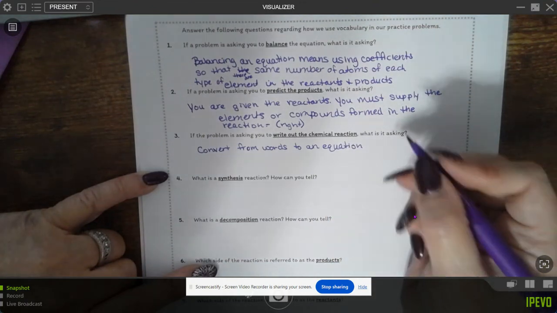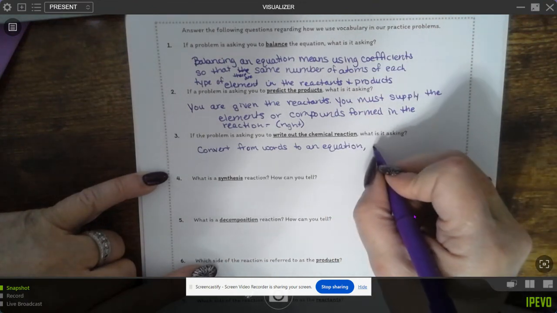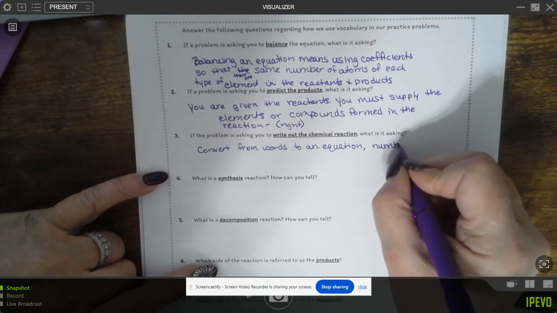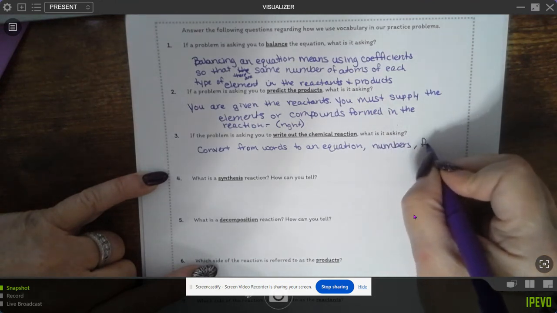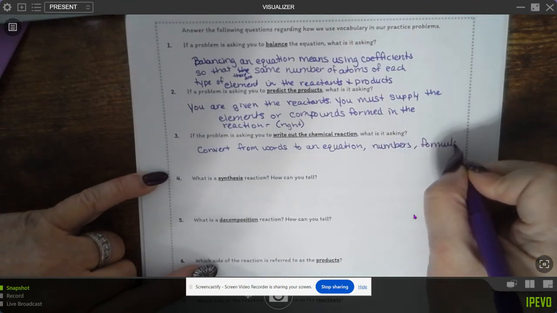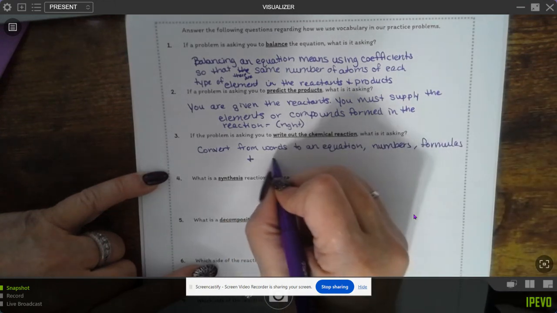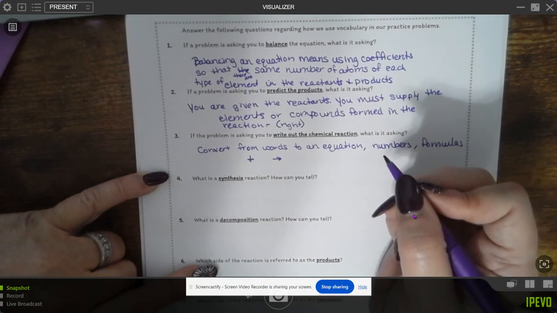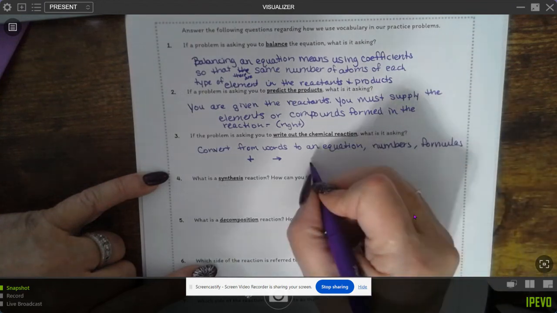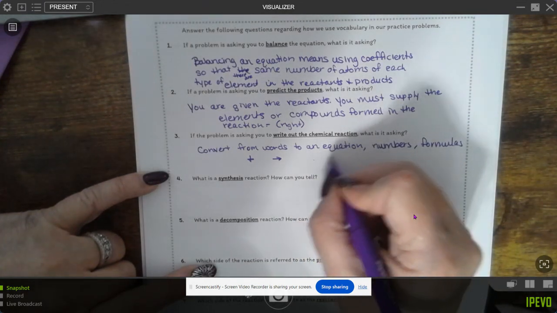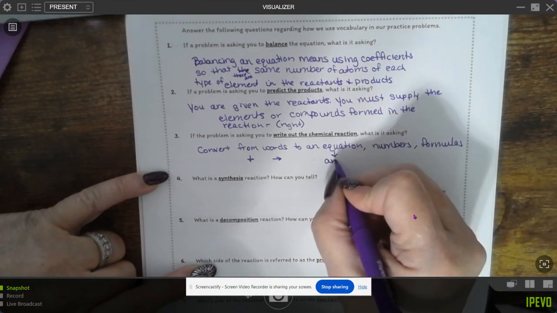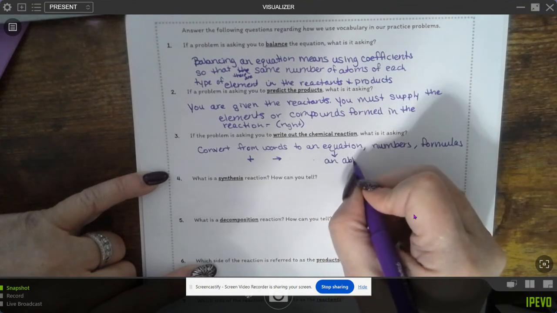Okay, and that equation will have numbers, formulas, plus signs, and an arrow for yield. So we're abbreviating. An equation is an abbreviation of all of the words.